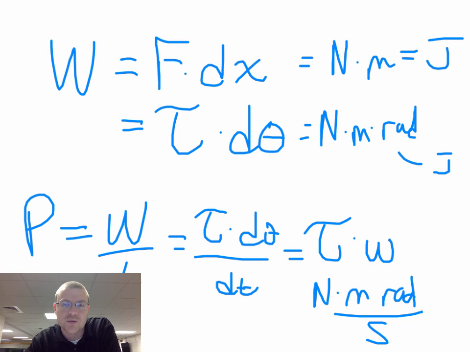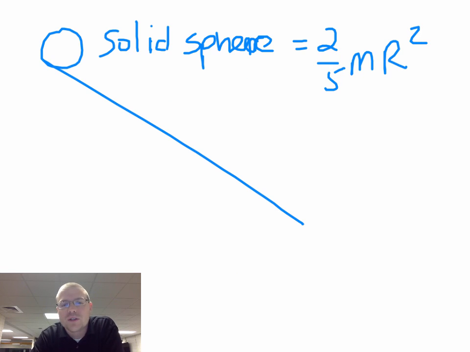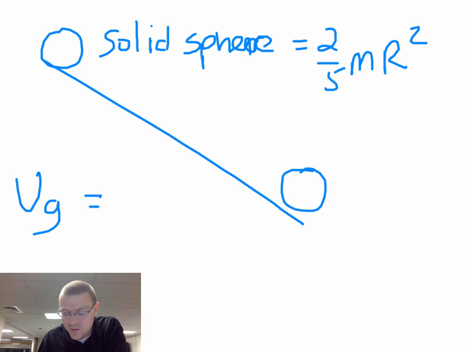So if I was going to try and solve for the speed of a solid sphere, a bowling ball rolling down a hill, I would use conservation of energy. Conservation of energy is going to say that at the beginning I have gravitational energy. By the time the ball gets to the bottom of the hill, it's going to be moving in a straight line, but the ball's also going to rotate.